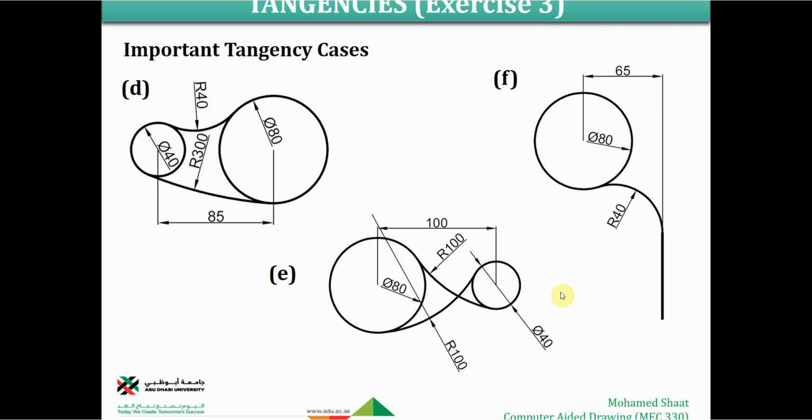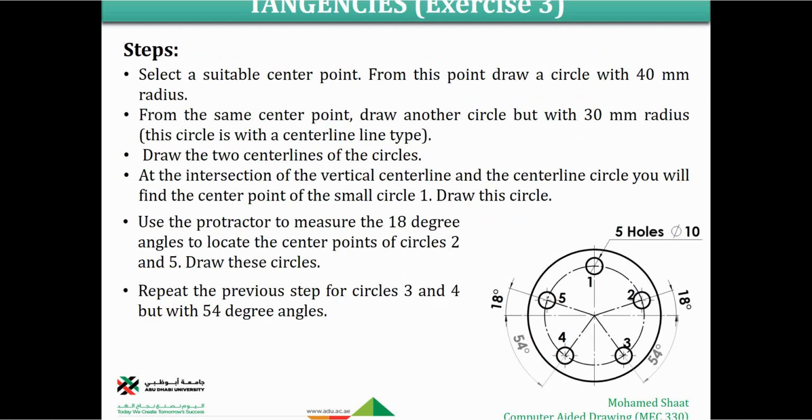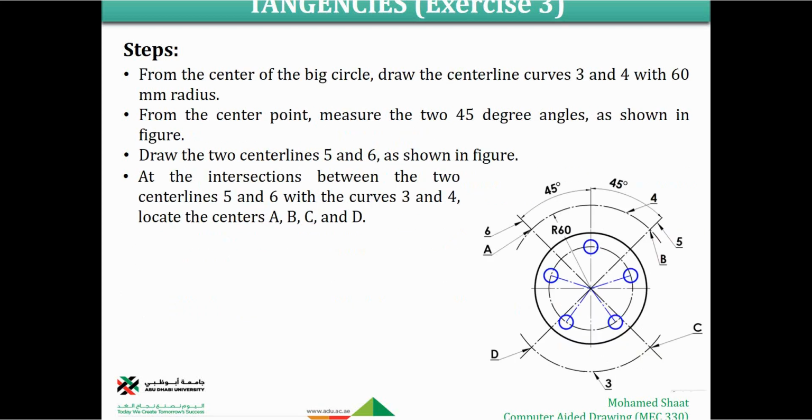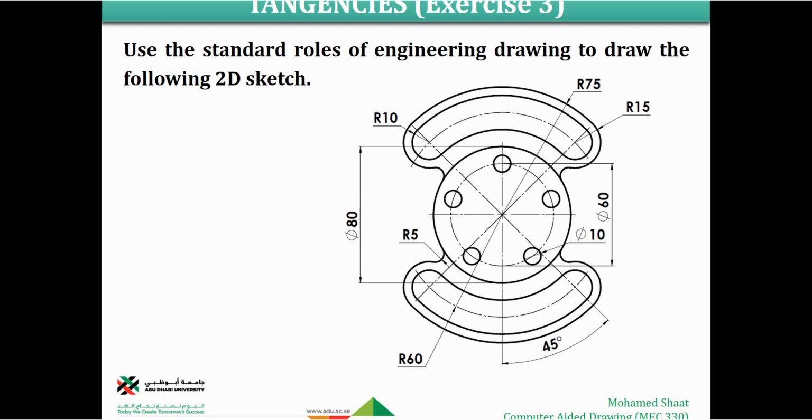I'm gonna do it by my hand, and physically show you how we can create these tangencies by hand. There are two examples here. This one is explained in detail over the slide, step by step, what you have to draw. If you stick to these steps, you're gonna know exactly how to regenerate this drawing. This is the given drawing, and we have to repeat it again, sticking to the dimensions.